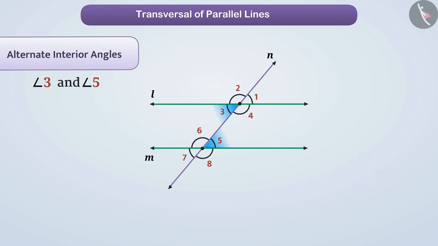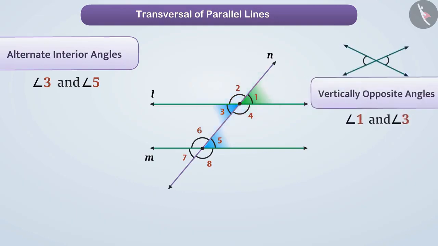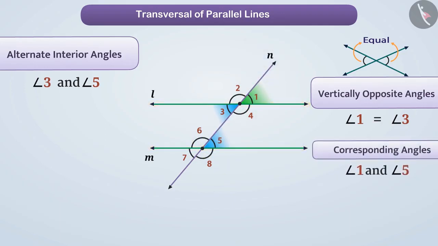Let's understand this. Here angle 1 and angle 3 are vertically opposite angles, and we know that the vertically opposite angles are equal. Therefore, we can say that angle 3 is equal to angle 1, but angle 5 and angle 1 are the corresponding angles formed by the transversal of parallel lines.